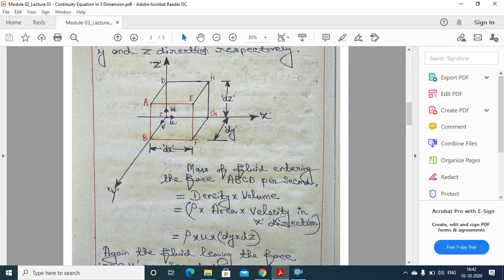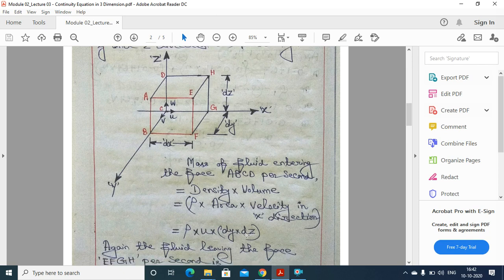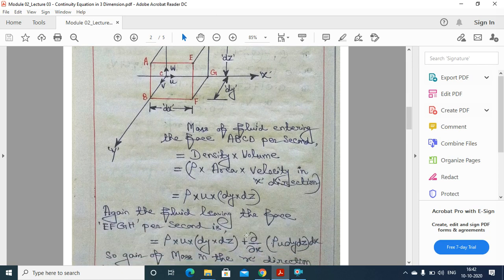So the total mass of the fluid entering the face ABCD per second will be rho into u into dy into dz. Now again, the fluid leaving the face EFGH per second is rho into u into dy into dz.